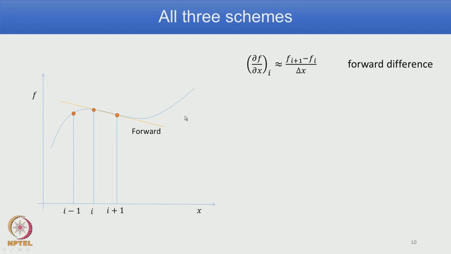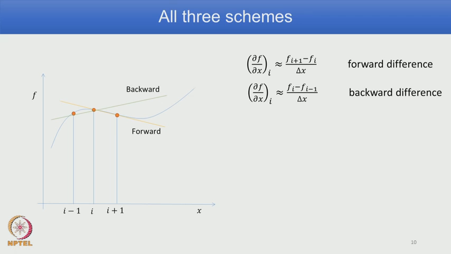By following the forward difference formula, which is written here again, f of I plus 1 minus f of I by delta x, the first derivative slope is evaluated by considering function values at I and I plus 1.